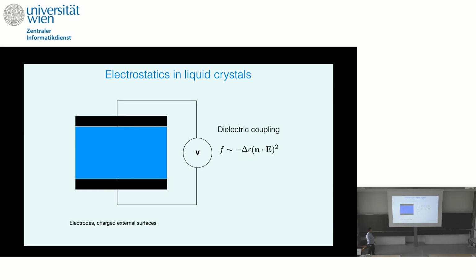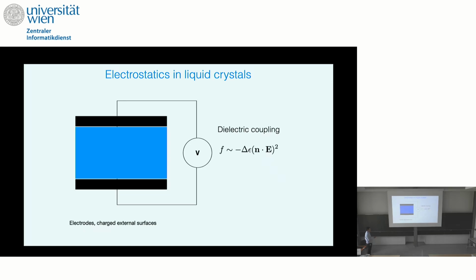So when you plug it into the free energy, it will lead to something like delta epsilon, which is basically, for example, in the nematic phase, you have two independent components of the dielectric tensor, and this delta epsilon quantifies the difference between the two. And you get a term n, which is the average alignment of the molecular building blocks of the liquid crystal, dot E.